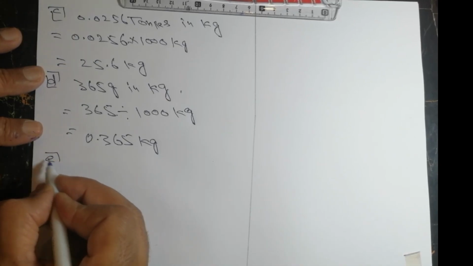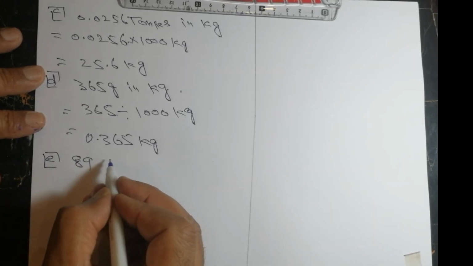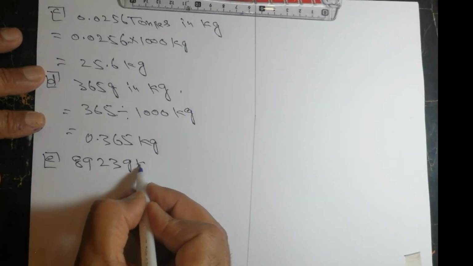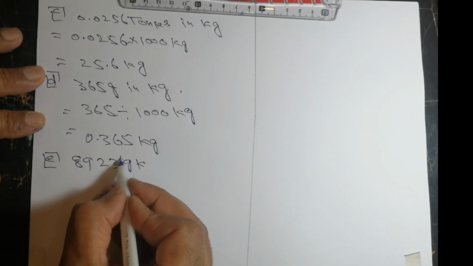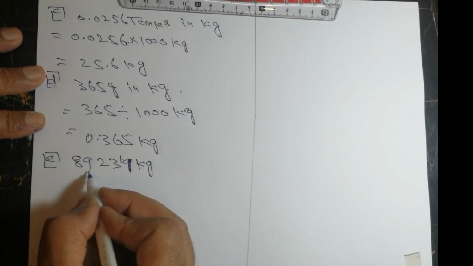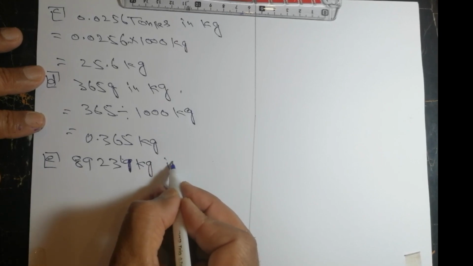Then part E, 12389234 kilograms in tons.